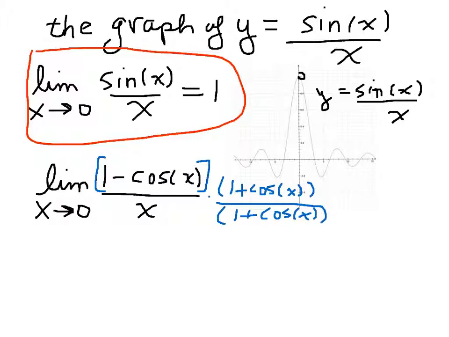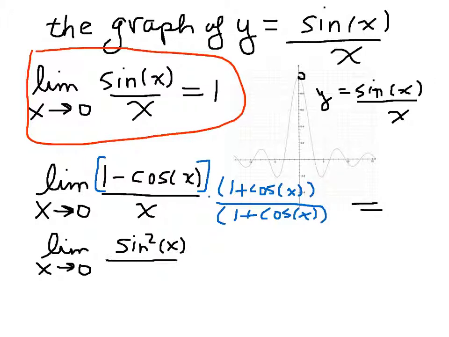I think I misspoke. But we can rewrite this as the limit as x goes to 0 of 1 minus cos squared, which is the same as sine squared, over x times 1 plus cosine of x.